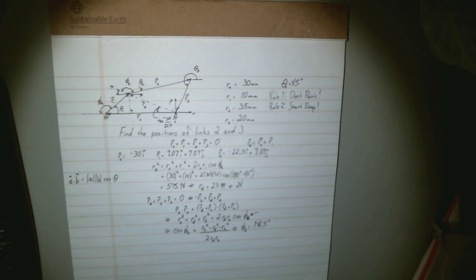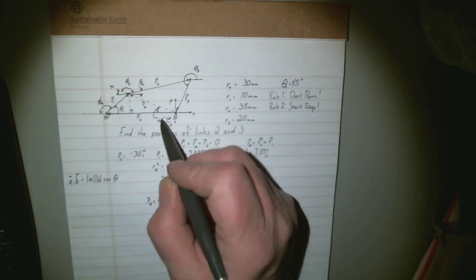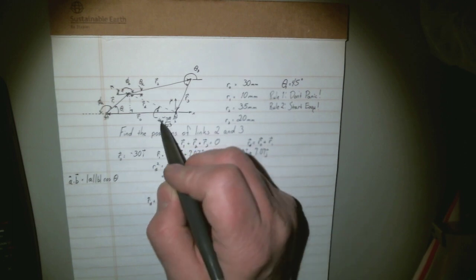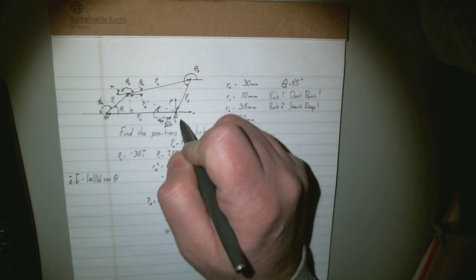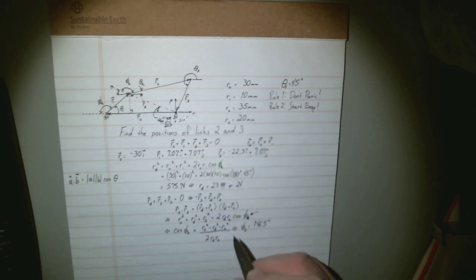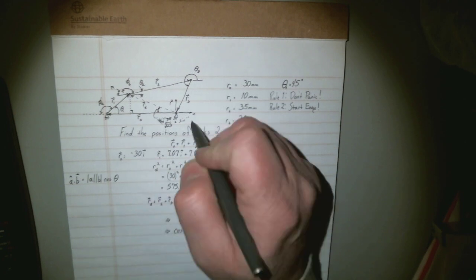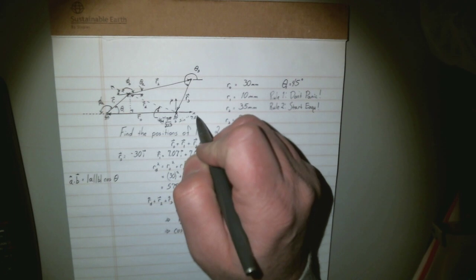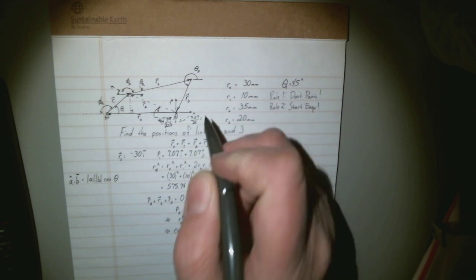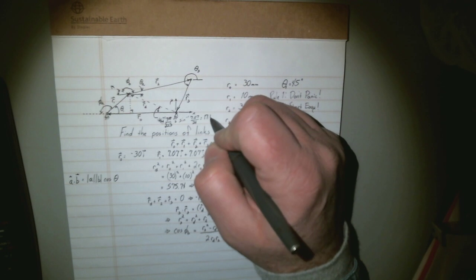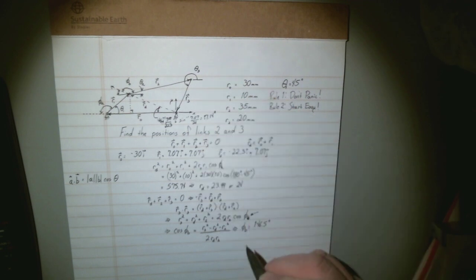Bear with me for a second. Okay. Sorry about that, I think I misspoke here. Let's use sine inverse of 7.07 over 24, or 17.14 degrees.